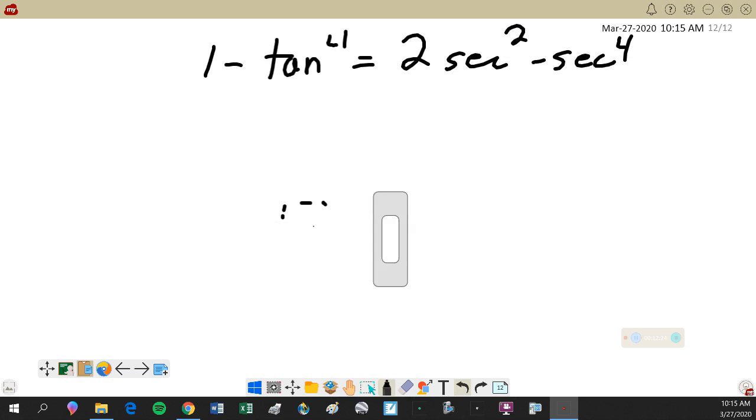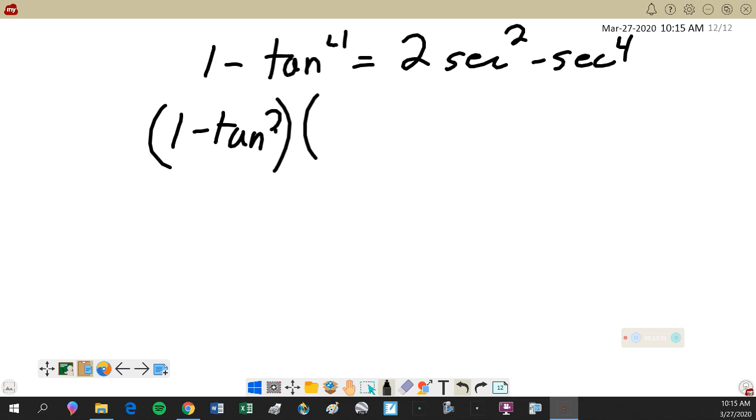So on the left side, we have 1 minus tangent squared and 1 plus tangent squared. Well, one of those shows up on the Pythagorean identity list. So one of those can be changed to something that's a little bit easier.